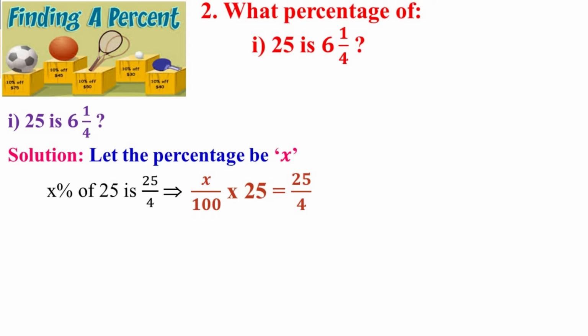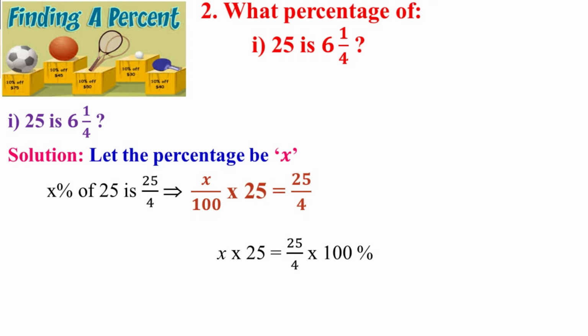Okay, now on the next step, we have to find the value for x. For that, we have to take every value which is near the x to the opposite side using the transposition method. So that 100 is taken to the other side.